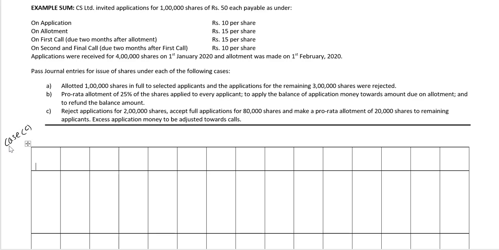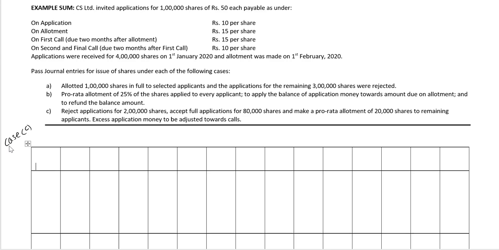Case C says, reject applications for 2 lakh shares, accept full applications for 80,000 shares, and make a pro rata allotment of 20,000 shares to remaining applicants. The excess application money is to be adjusted towards calls. We need to add columns to the 9-column table.